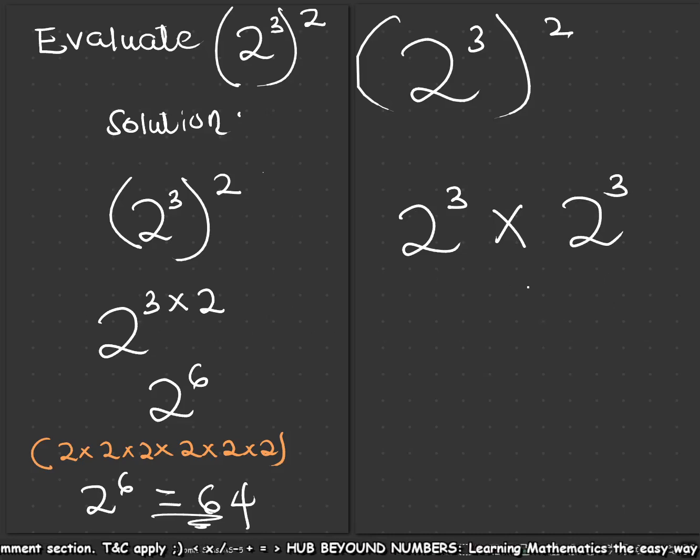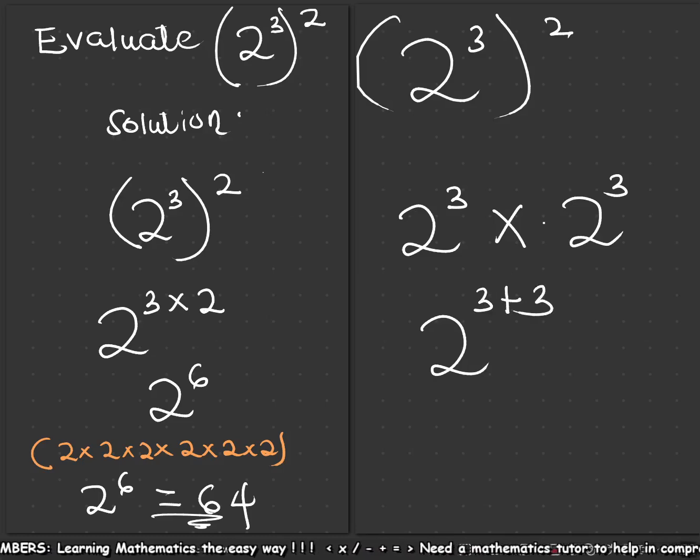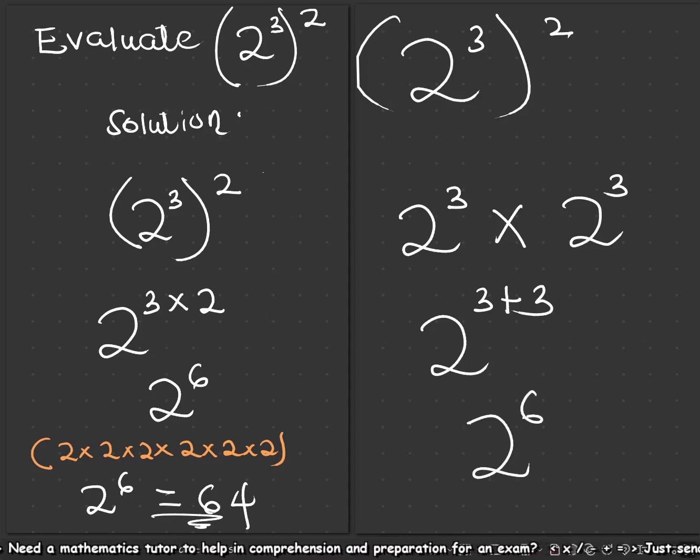That is what this notation here means. And assuming we were to use the product rule, we would have said 2 to the power 3 plus 3, because we are multiplying and these indices have the same base. And would have also continued to get 2 to the power 6.